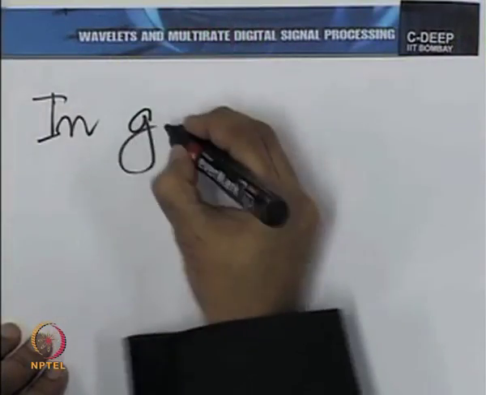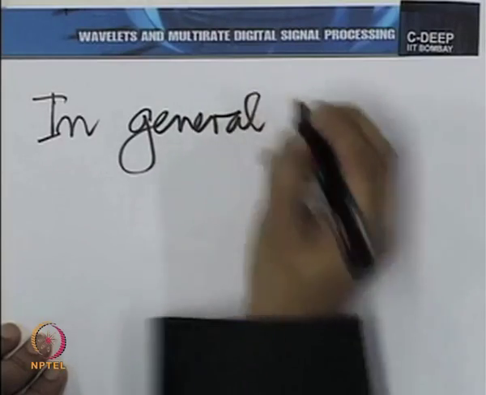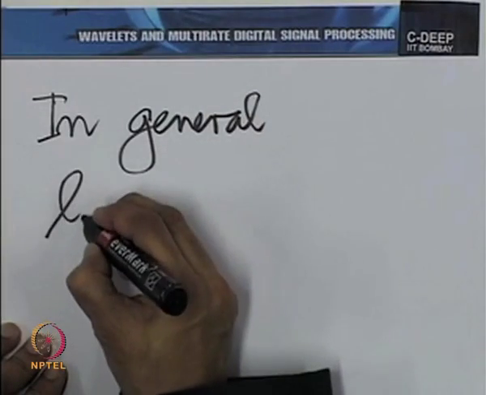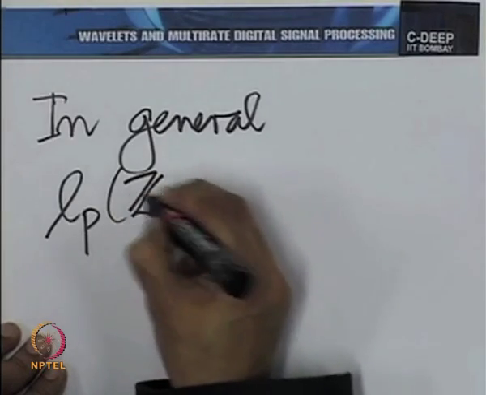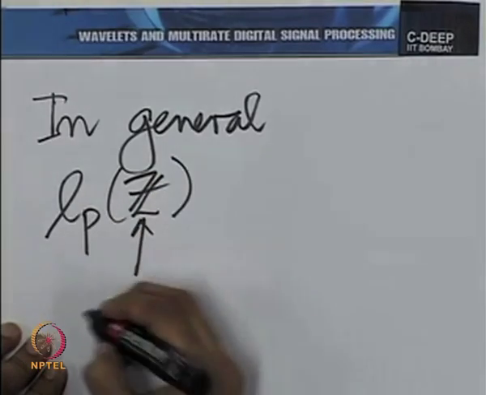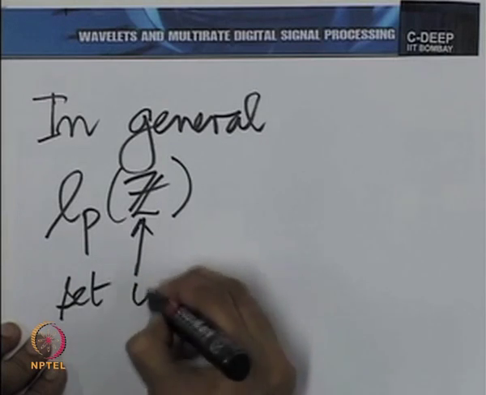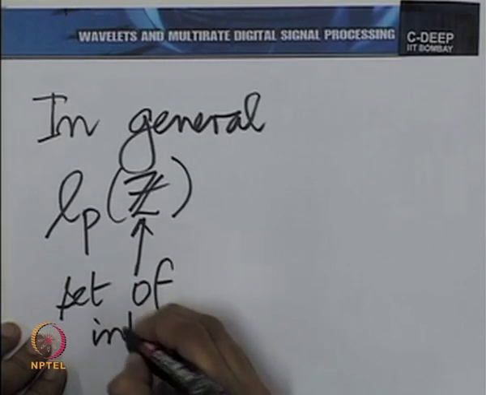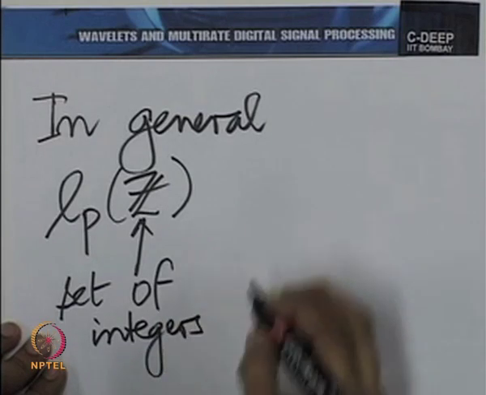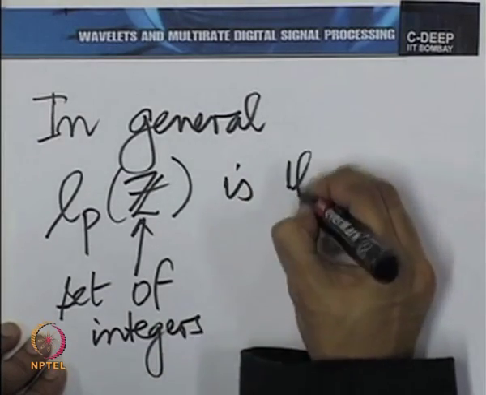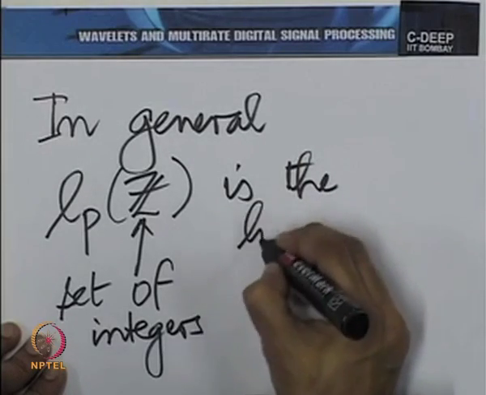And again, we would like to define LPZ in general. So, in general, LPZ, this Z of course refers to a set of integers. So, LPZ is the set of sequences, in fact, it is the linear space of sequences.